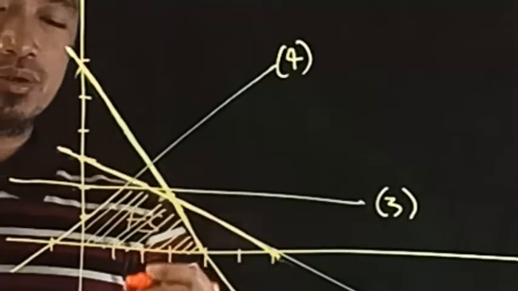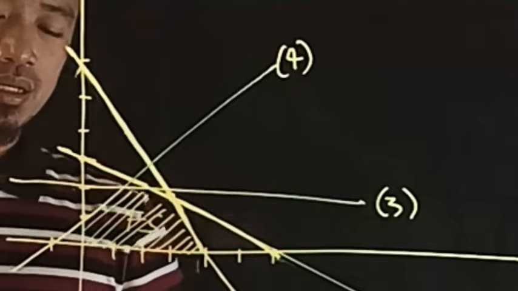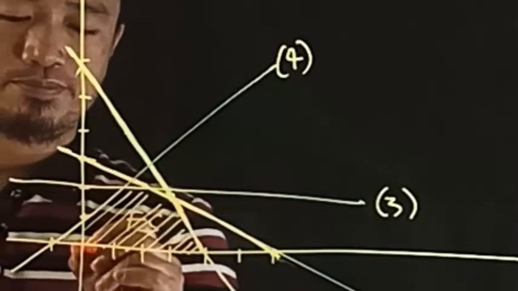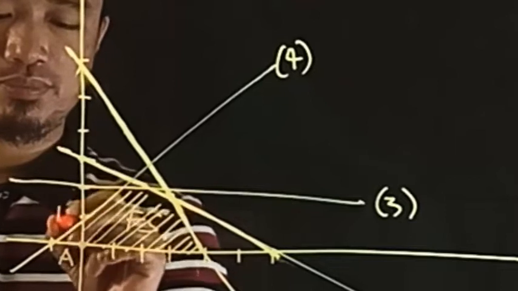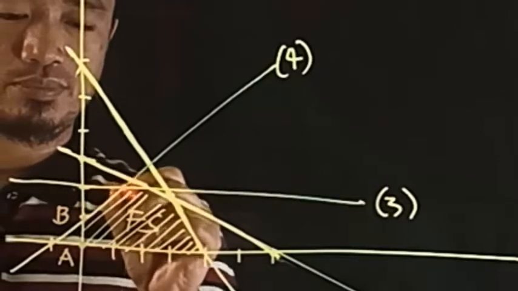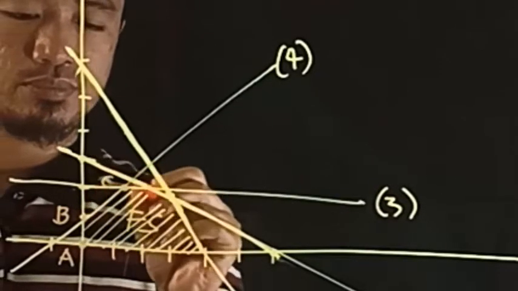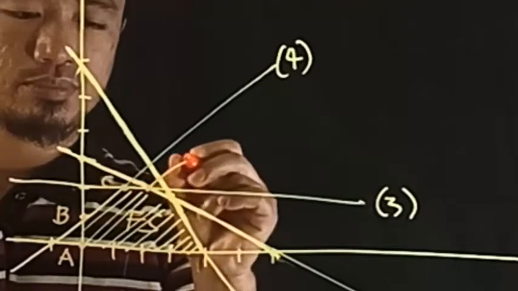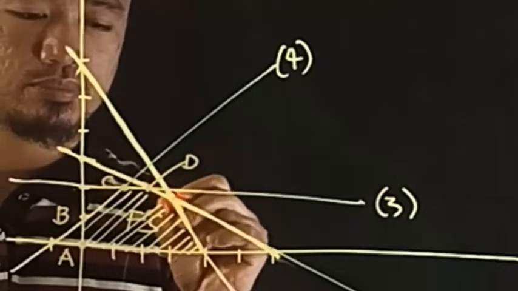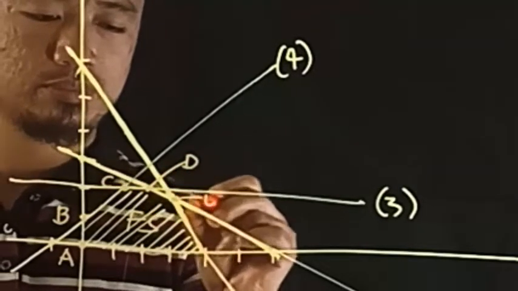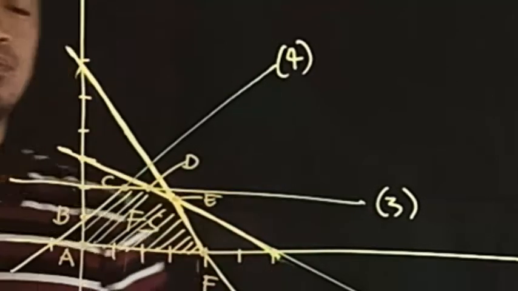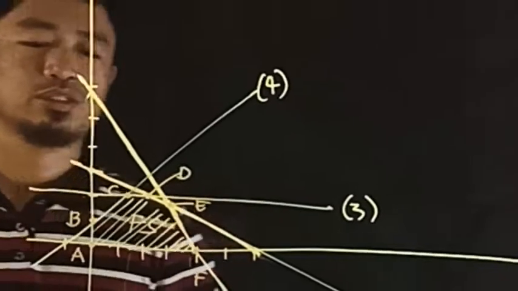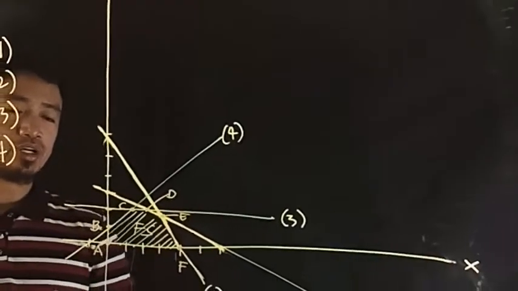So the feasible solution has several corner points. So we have 6 corner points.